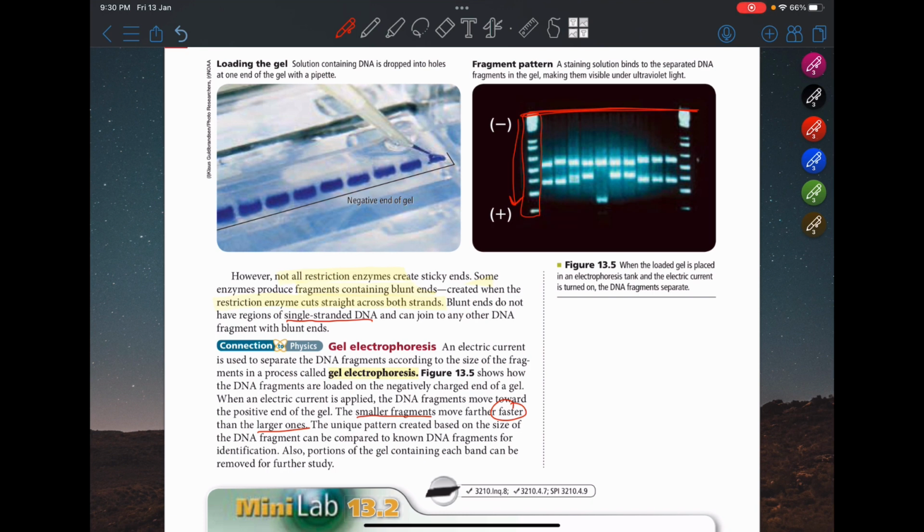And what happens is I'll compare the unique pattern created based on the size of the DNA fragment to that known DNA for identification. Also, portions of the gel containing each band can be removed for further study. And that's it for DNA tools.